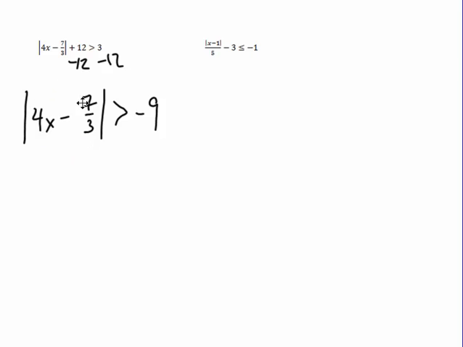So here it's saying my distance away from 0 on a number line is bigger than negative 9. Well, distance is always positive, and all the positive numbers in the world are bigger than negative 9. So here I have all real numbers.